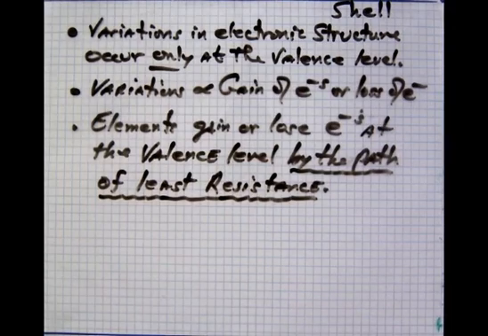Elements gain or lose electrons from or to the valence level by the path of least resistance.